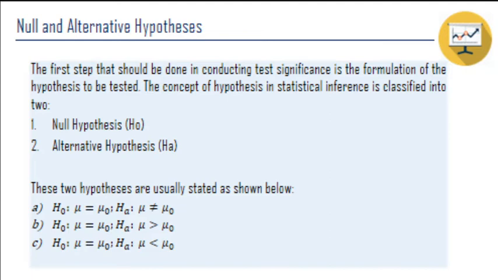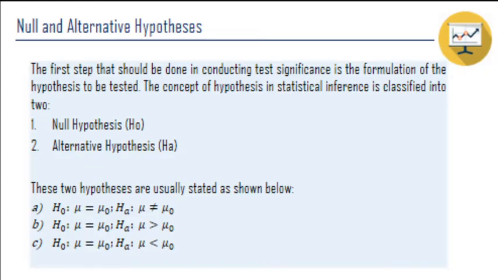We already discussed last meeting on how to formulate null and alternative hypothesis given a research problem. So the first step that should be done in conducting tests of significance is the formulation of the hypothesis to be tested. Generally, a hypothesis to be tested should be stated in terms of a specific parameter or parameters of the population.